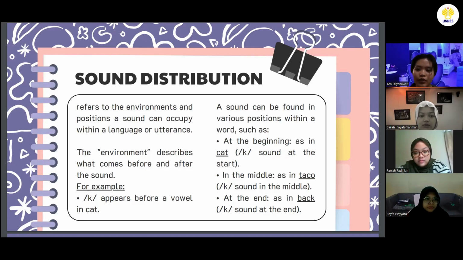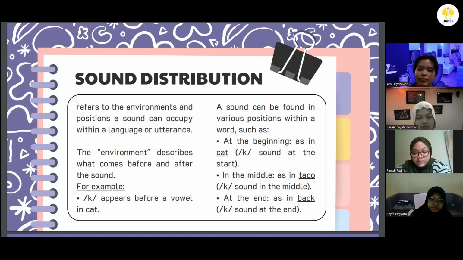For example, K appears before A in cat, and K appears after A in back. Position: a sound can be found in various positions within a word, such as cat at the beginning, taco in the middle, and back at the end.